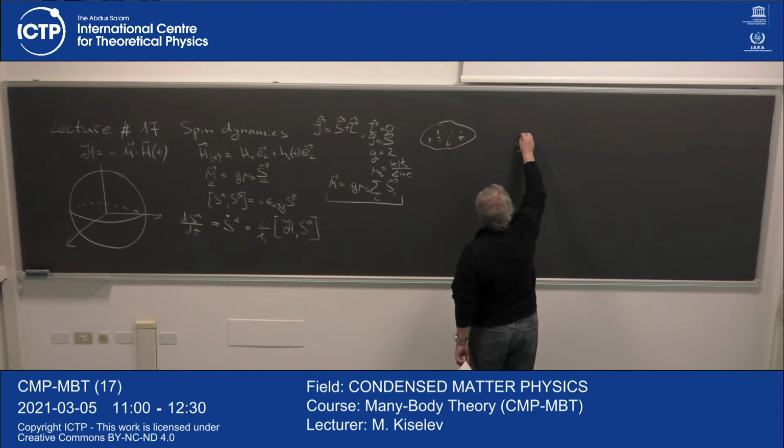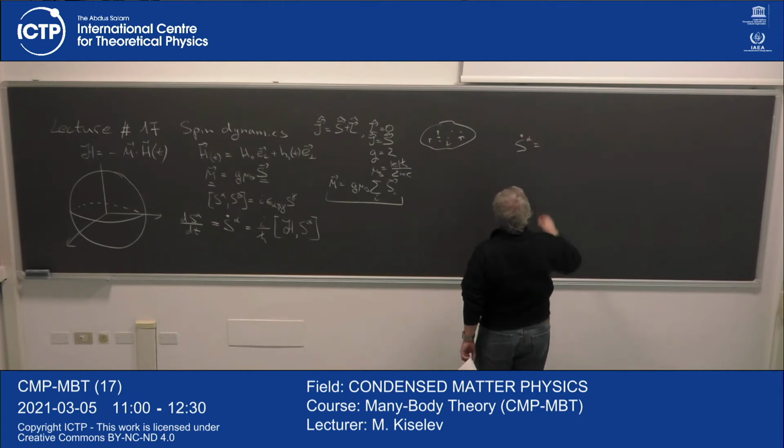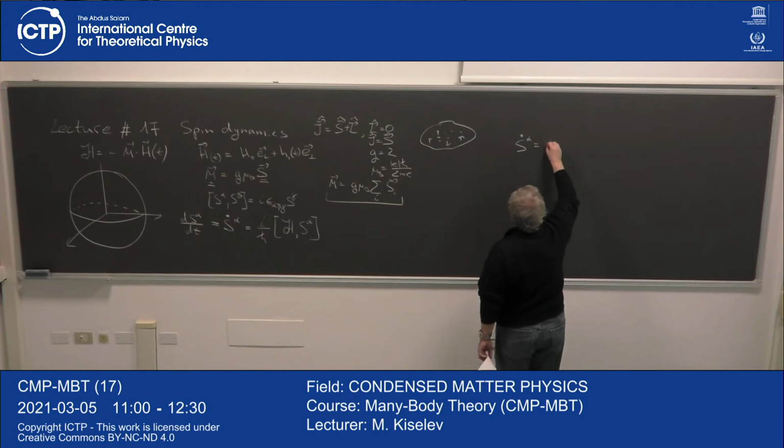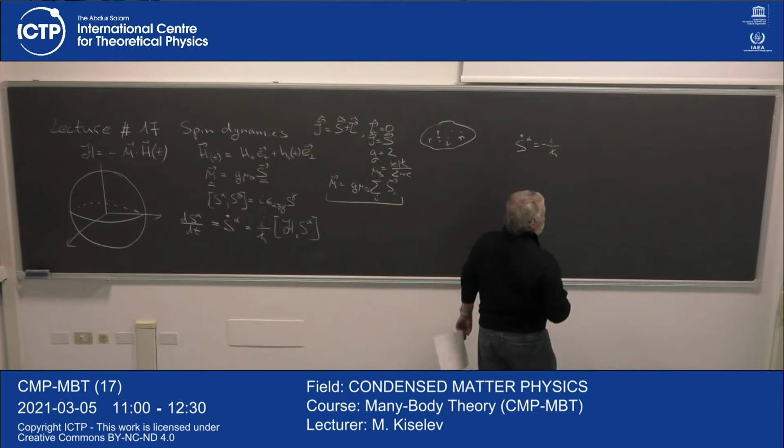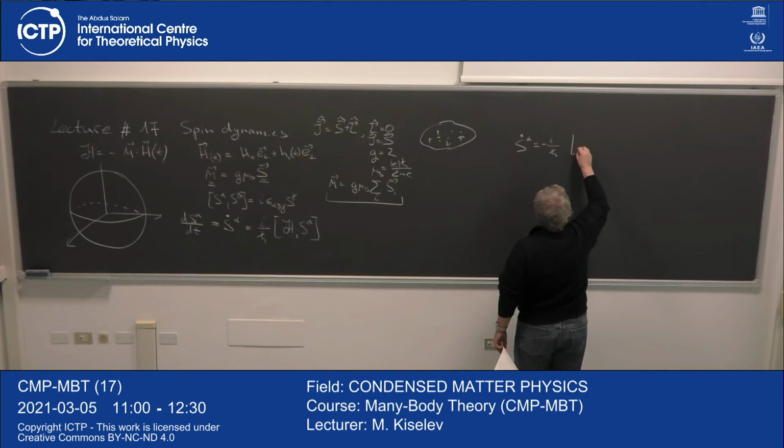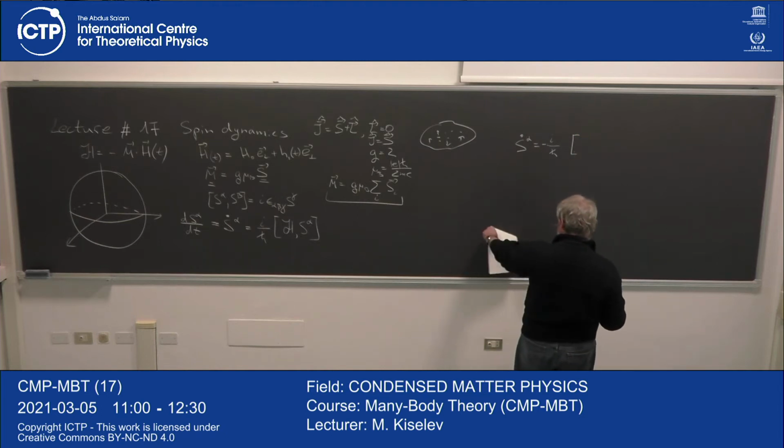So S dot alpha is equal to i over h bar times minus, I have a commutator. Let me write down the Hamiltonian.